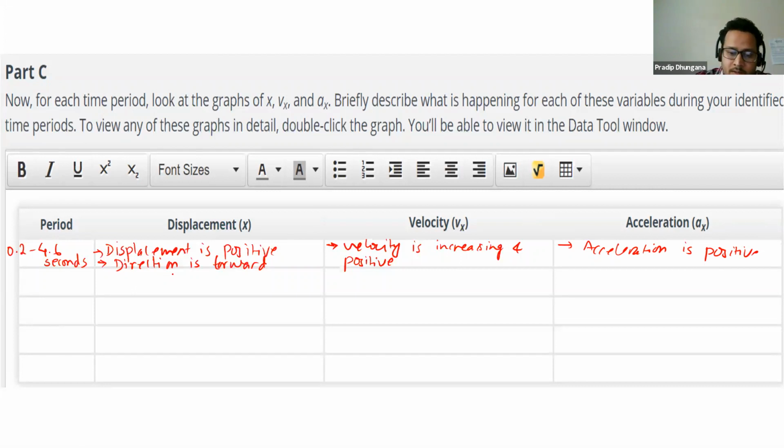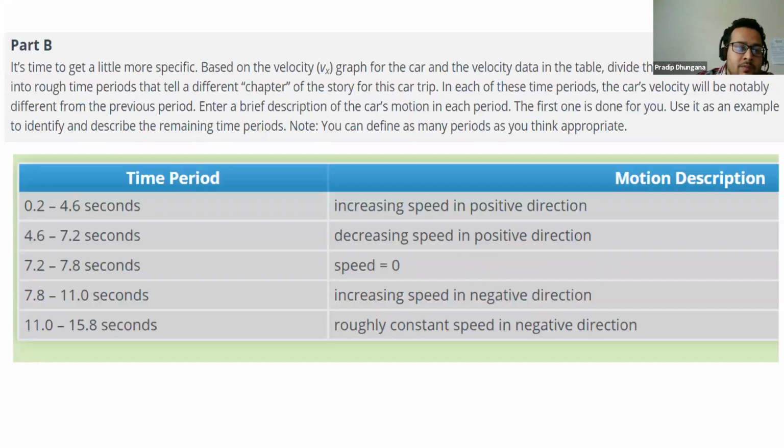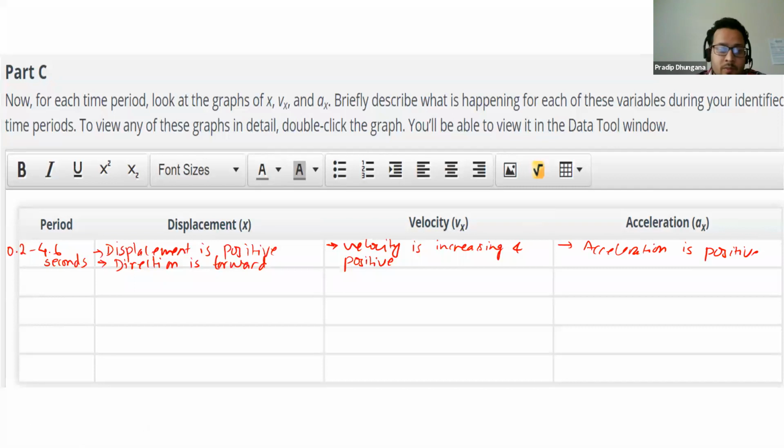Now we'll go back. Okay, now you have to write for 4.6 to 7.2 seconds. You have to write the description of displacement, velocity, and acceleration for 4.6 to 7.2 seconds.